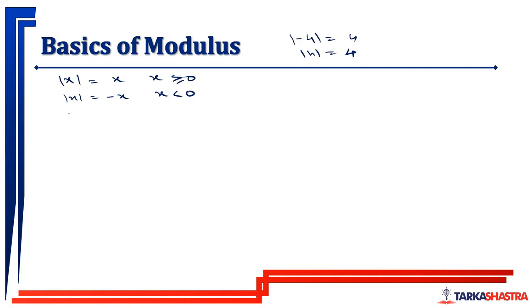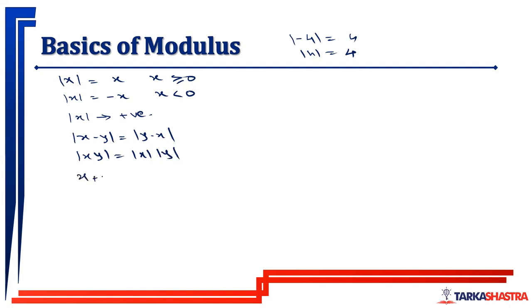Then what are the properties? Mod x is always positive. Then mod x minus y is equal to mod y minus x. And then mod x into y is equal to mod x into mod y. Okay, so these are the properties.